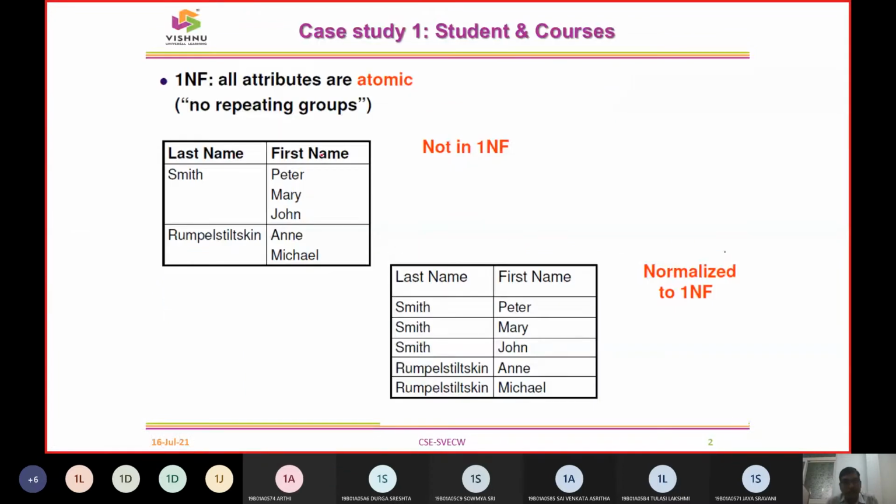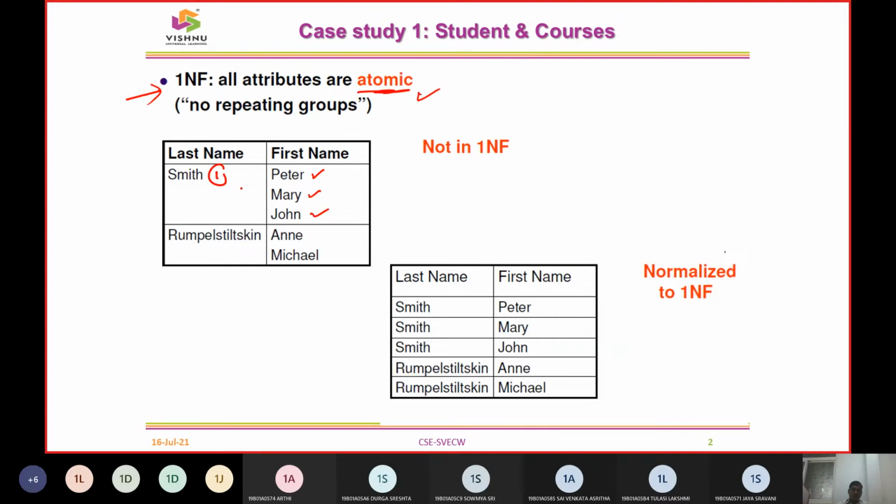Now this is a case study where we say that all the attributes are to be atomic. If we are going to work in the first normal form, the first and foremost condition was that they need to be atomic, and there should not be any repeating groups here, because I have only one Smith, and it can be Smith Peter, Smith Mary, Smith John.